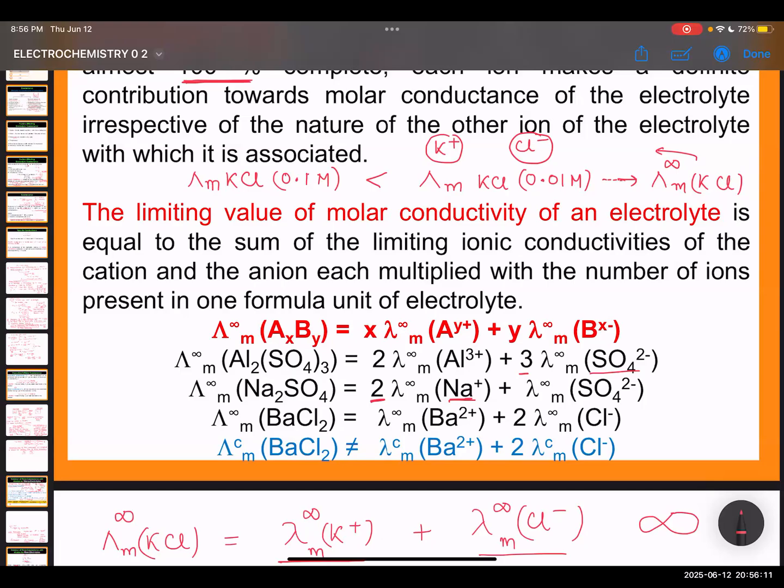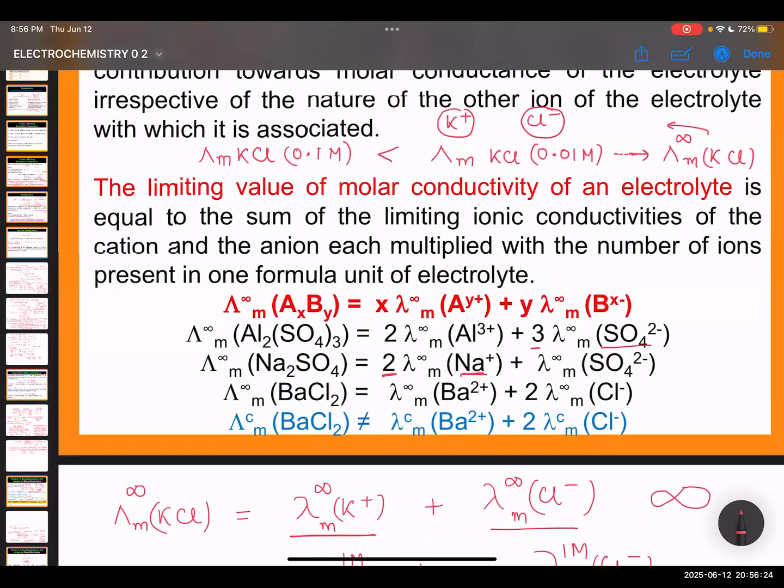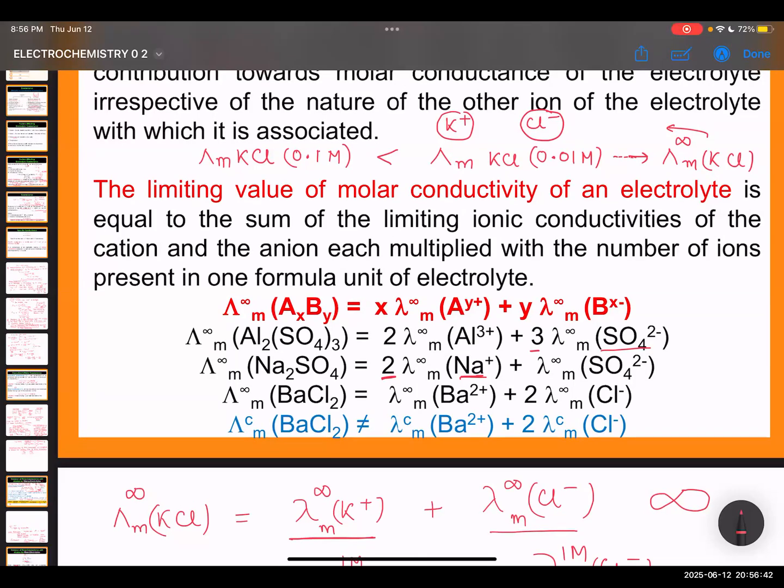Sulfate you don't have to multiply by 2 because sulfate is just 1 in the formula. Similarly, the molar conductivity of barium chloride is equal to the sum of the limiting value of molar conductivity of barium and twice the limiting value of the molar conductivity of the chloride ion, because you have 2 chloride. But you should remember that is only at infinite dilution. Is it clear?